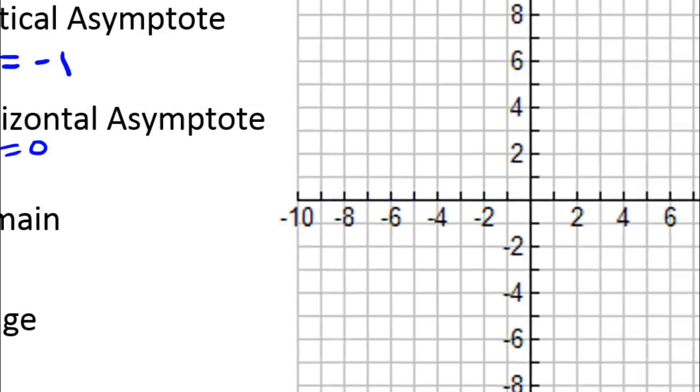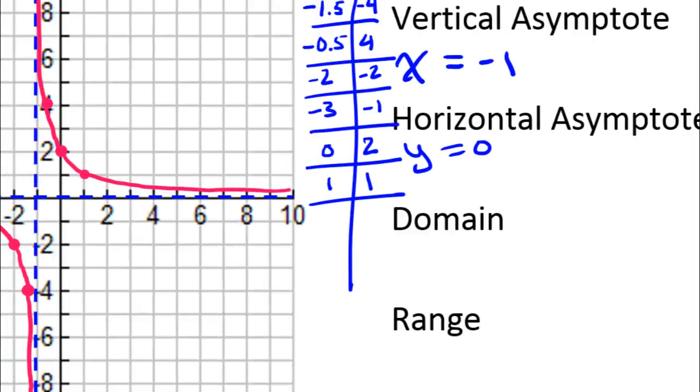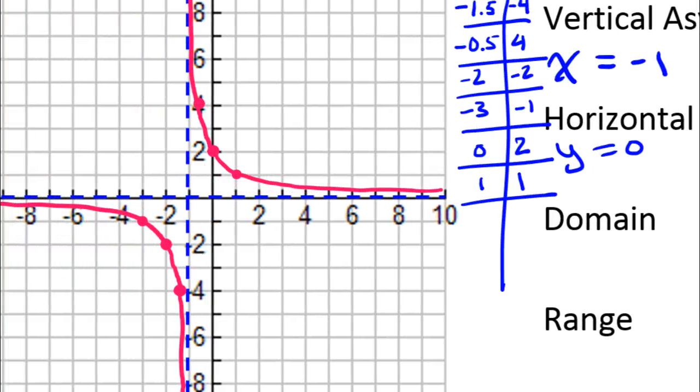Now we're ready to talk about the domain and the range. All right, so the domain, normally when a graph goes left forever and right forever, we just say -infinity to +infinity. However, there is a vertical asymptote here, which is not being touched. So we have to break up the domain into 2 parts to avoid the value of -1. Okay, so looking at the x values, this graph goes from -infinity right up to -1.